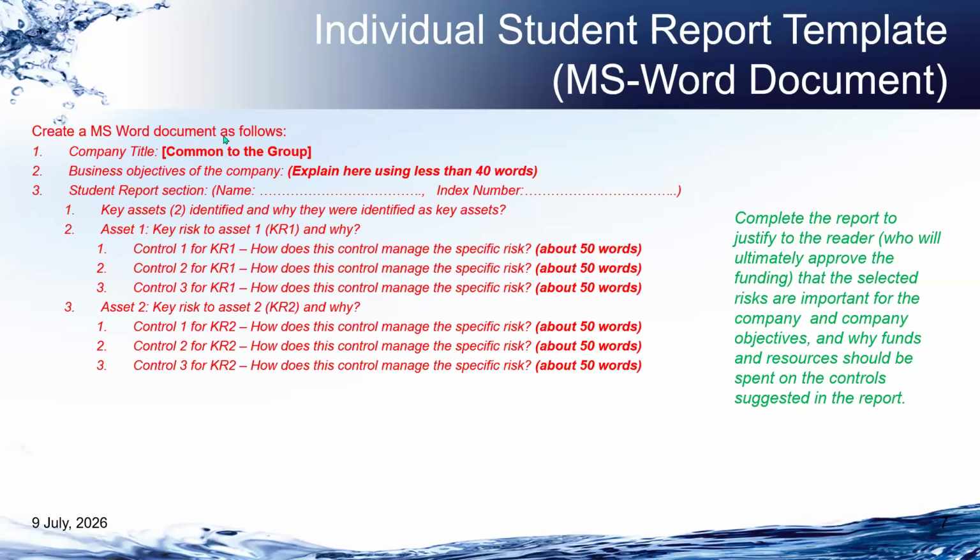So any one of you will belong to one of those companies. You put that in common, but from the student report section onwards, you put your name and your index number and put your answers. And that's what you will submit. I've given time till next Wednesday.